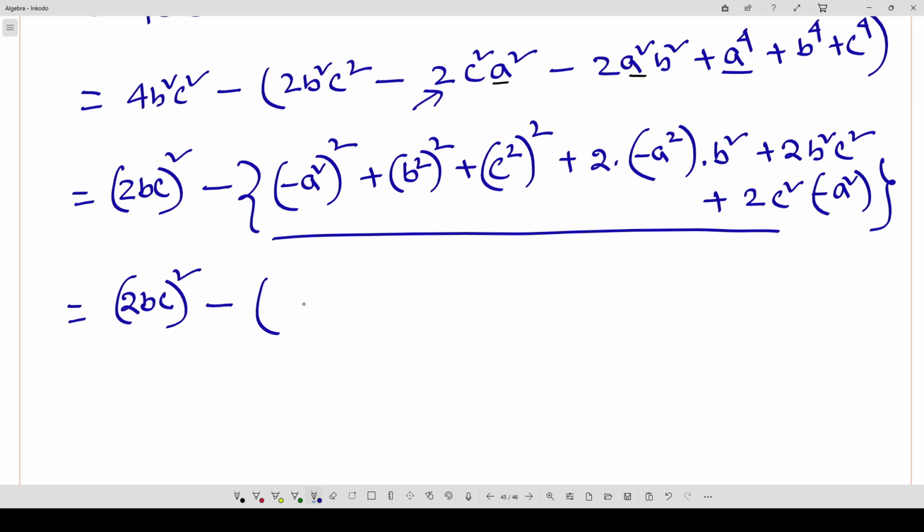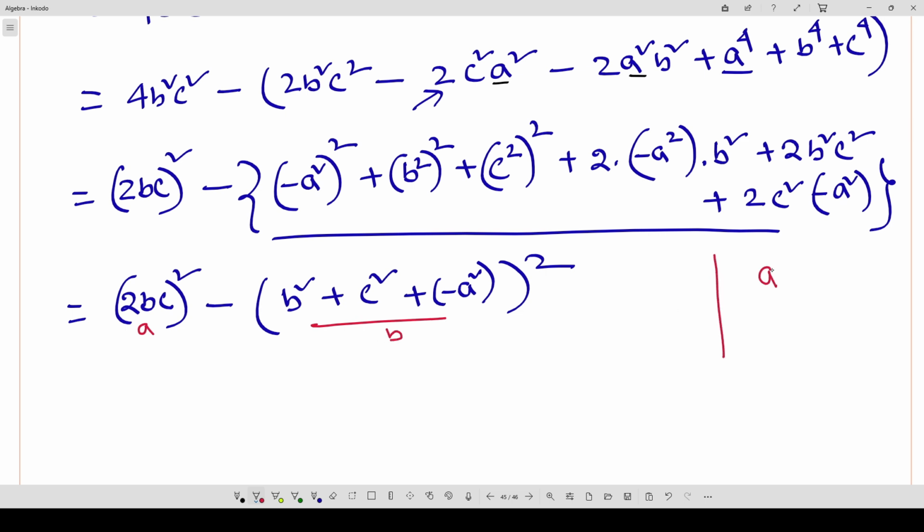So we can write here like this, b² + c² plus, and this one is a minus a², whole square, inside another bracket. So we can write clearly, plus minus a². Okay, now look, it's looking a and the whole thing is looking b. It means a² − b².